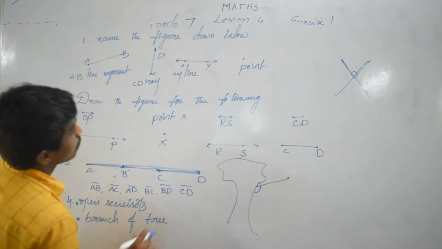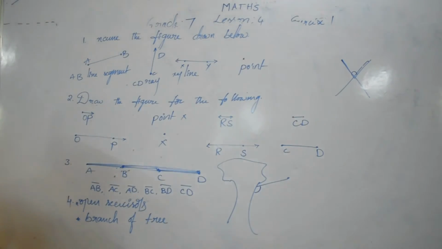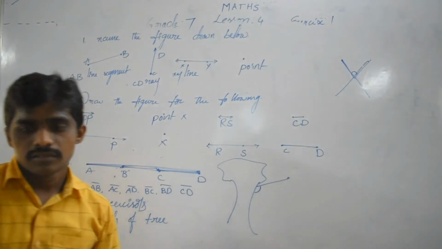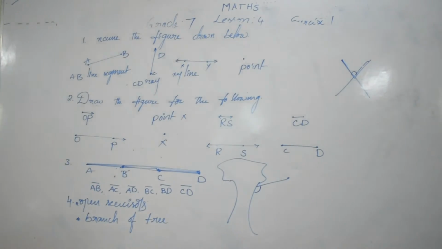Next one, here see, a board. This board has a corner of 90 degrees. So board, like walls. Next one, the remaining you write your own.